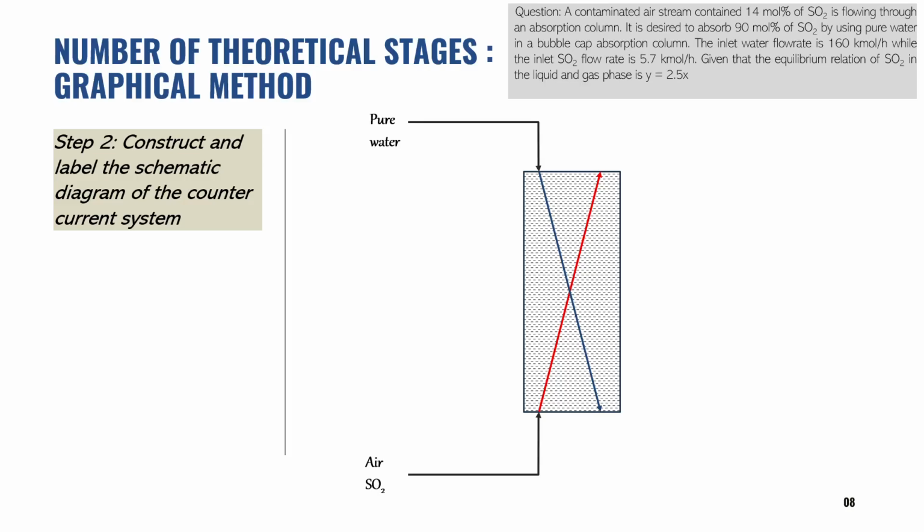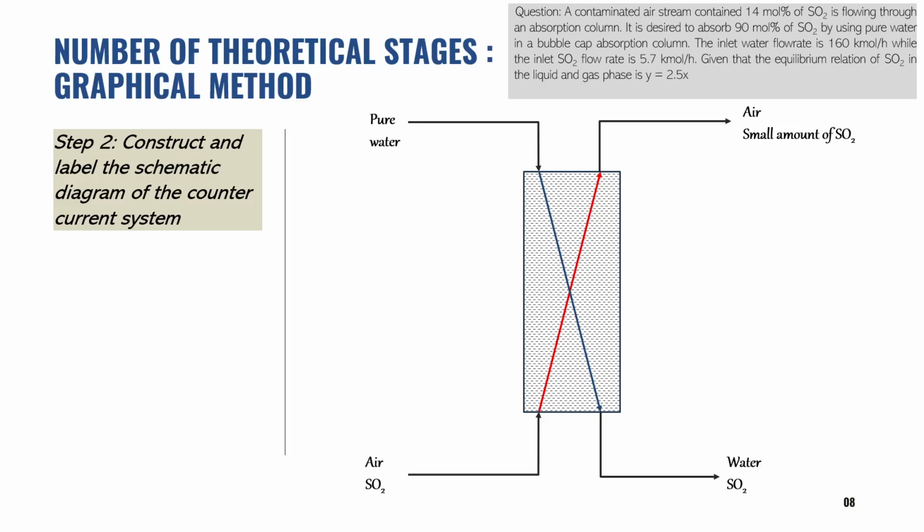In the tray column or plate column, we assume there is mass transfer occurring during the process. We have two streams going out from the column. At the top of the column we have air and a small amount of SO2. Why do we have a small amount of SO2?